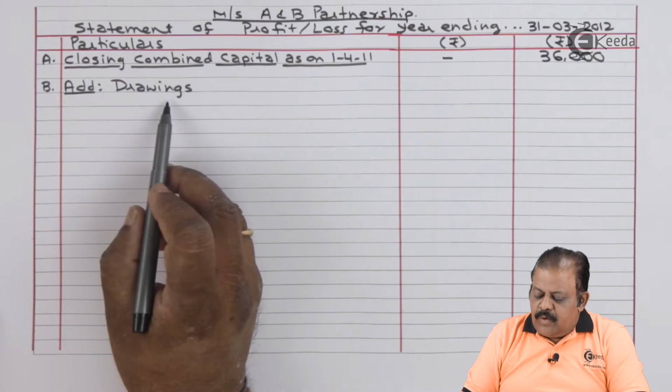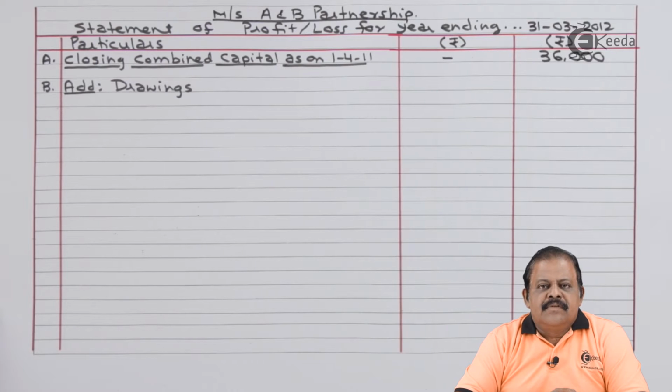To this, we are required to add drawings. In this problem, there is no information about drawings made by partners.